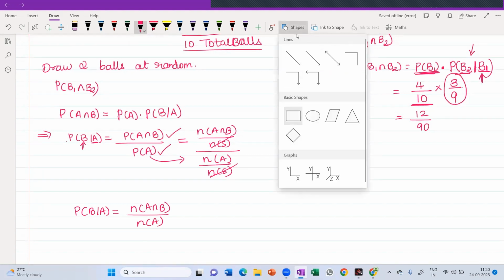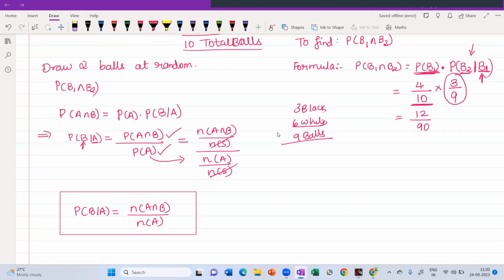This formula you'll have to remember for conditional probability. This is very important. So this is the formula for conditional probability.